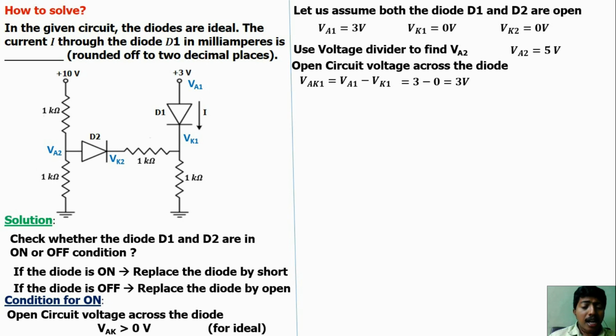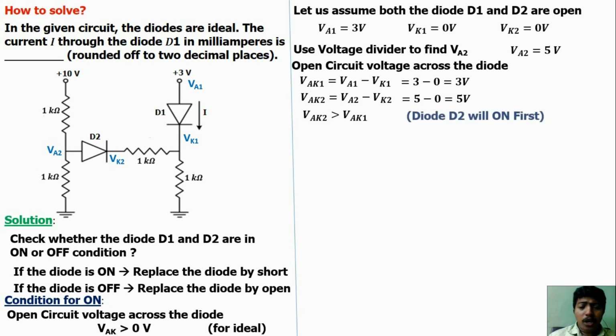Next, for diode D2, the anode voltage is 5 volt and the cathode voltage is 0. We will get 5 volt. Here the voltage across D2 is greater than across D1. That means the open circuit voltage across diode D2 is greater than across diode D1. So diode D2 will come on first.